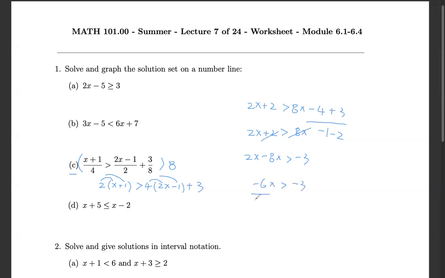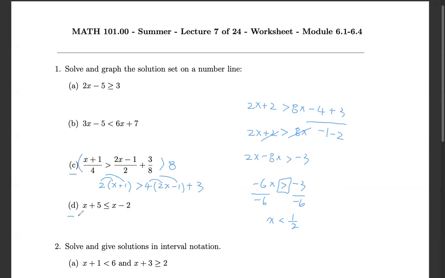Now divide both sides by -6. -6 divided by -6 is 1, and 1x we just write as x. Because we divided by a negative number, we flip the sign. The sign was greater than, now it changes to less than. -3 divided by -6 is one half. So the solution is all the numbers less than one half.